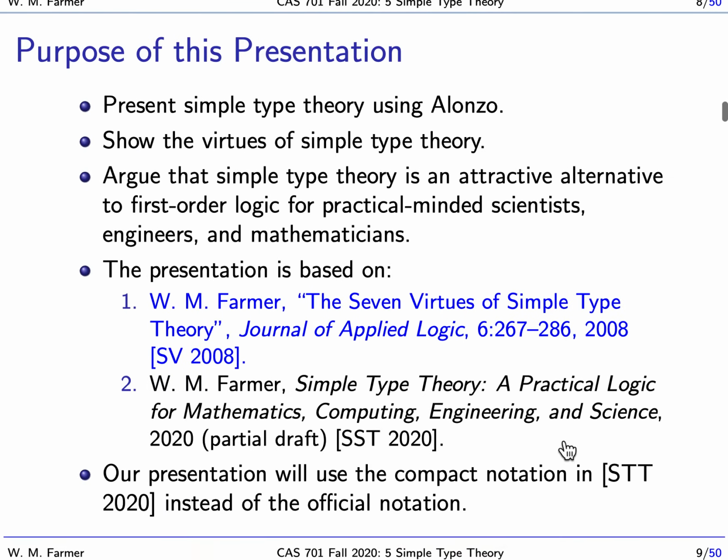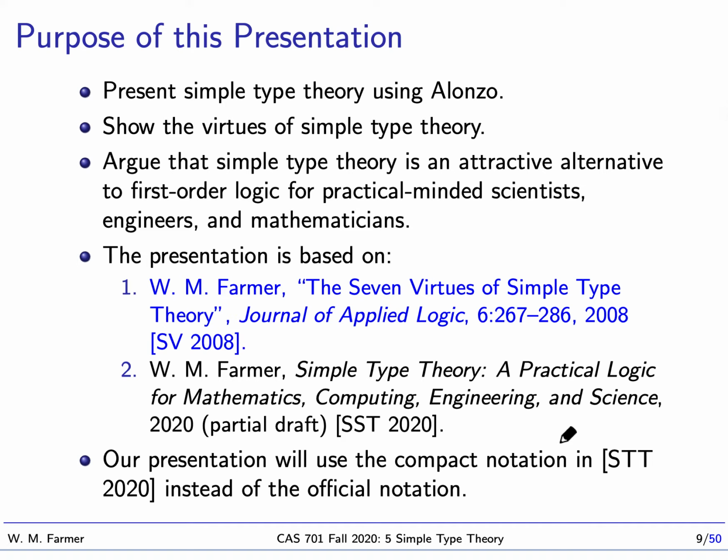Okay, so what's the purpose of this presentation? Well, it's multifold. The first is to present simple type theory, but do that using Alonzo. The second is to show the virtues of simple type theory. As I've mentioned, simple type theory is much more practical than first-order logic, but it's not well known outside of computing. The third is to argue that simple type theory should be an attractive alternative to first-order logic for practical-minded scientists, engineers, and mathematicians.